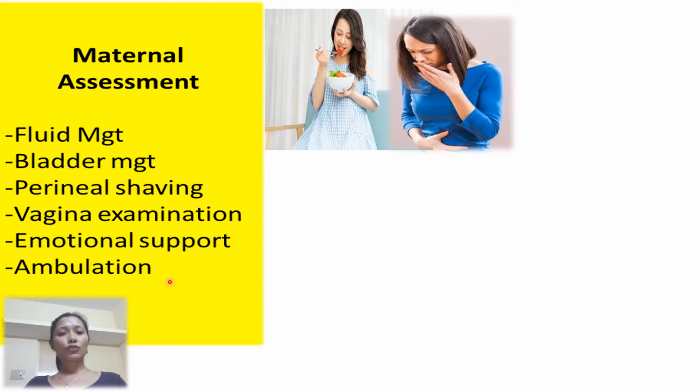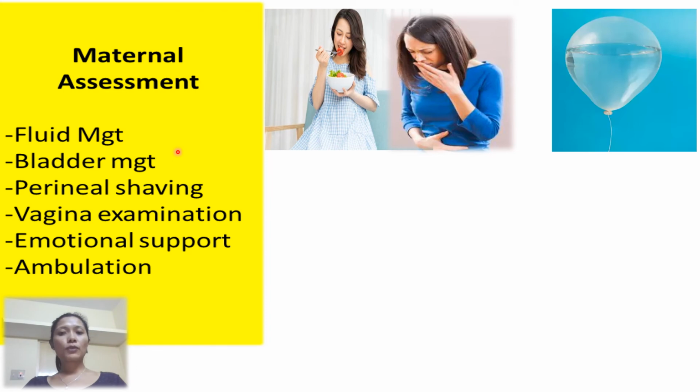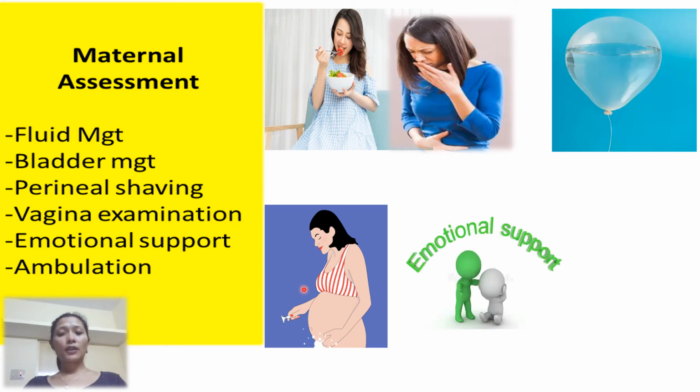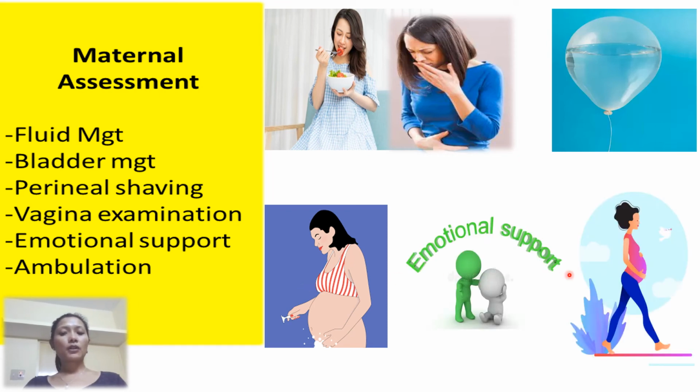And ambulation should be provided by the nurses to the mother as well. This will enable the labor to take place in an effective way. So this management should be done: bladder management, perineal shaving, emotional support, and ambulation, or making the mother walk.